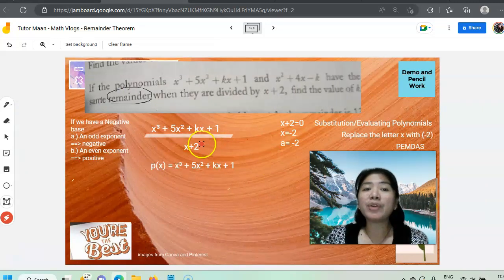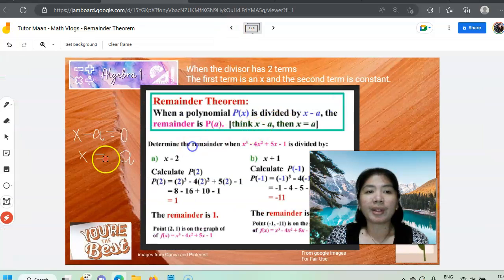Meaning, if we divide this polynomial by this divisor, the remainder is 0, and we can get the other factor. So we are assuming that the divisor is a factor. And in order for the divisor to be a factor, this expression here should be equal to 0, in order to get the root of x.